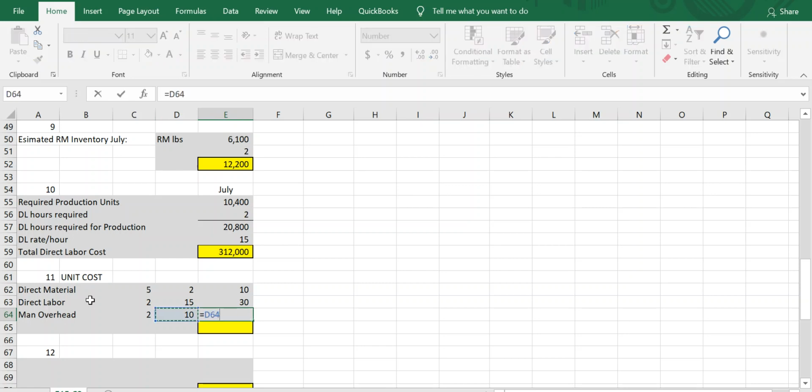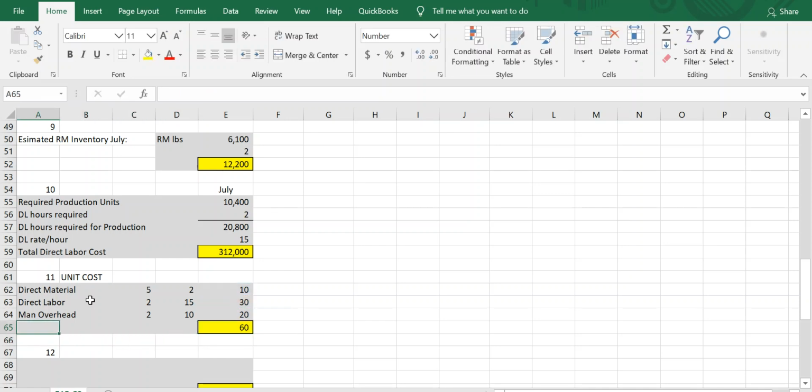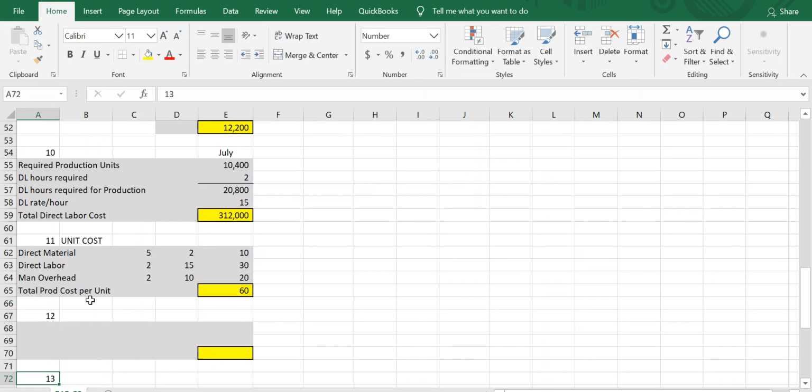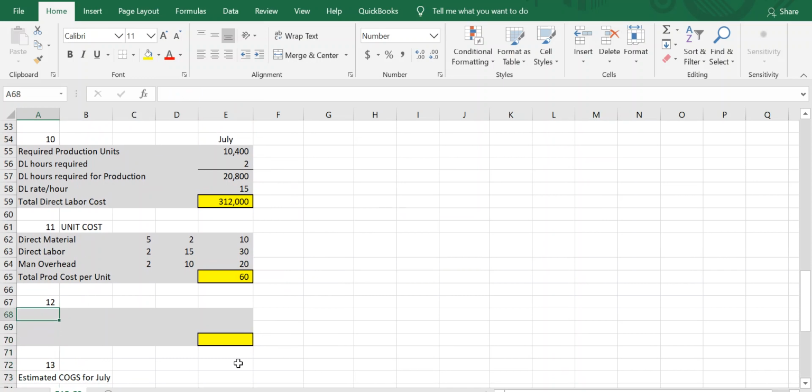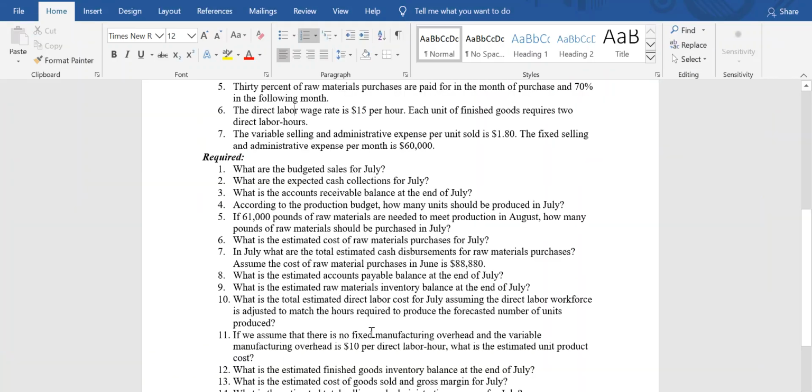So we take that times the 2, we get 20, and we're going to add these up. We get a total product cost per unit of $60, okay?